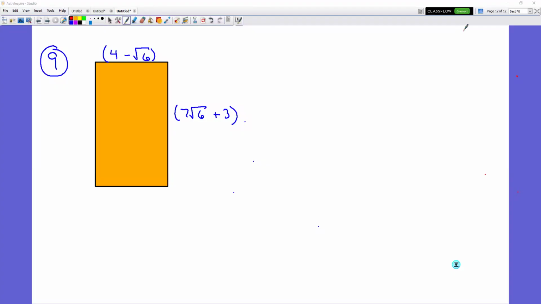All right, so here we go with our final question, number 9. And we have a rectangle with these dimensions. And what was asked, and I did not write the question, was to find the area and perimeter of this rectangle.